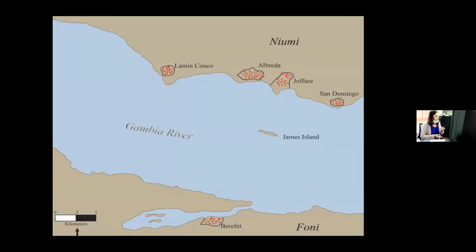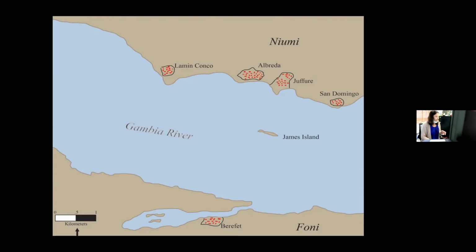Lamin is an outer village that existed, but kind of grew up a little bit being peripheral to these two main trading sites. James Island, I'll get into in a little bit, becomes pretty central here in the 18th century. And then San Domingo was a Luso-African settlement early on, and then shifted to become a depot where the British trading companies kept castle slaves throughout the 18th century.